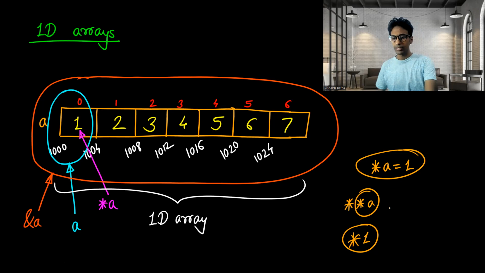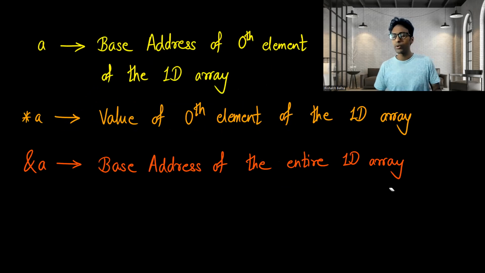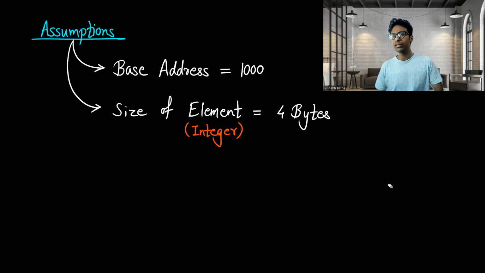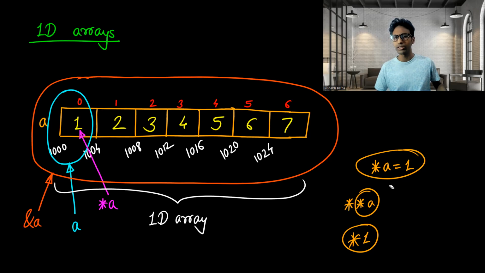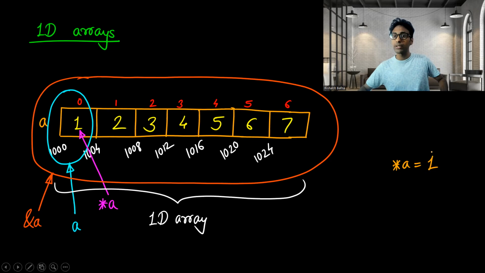There's nothing inside one. It is a value, not any kind of location. I hope you are getting it. Star A is one. You are trying to dereference it, trying to see what is inside one. What is inside one? Nothing. So it will give you an error.